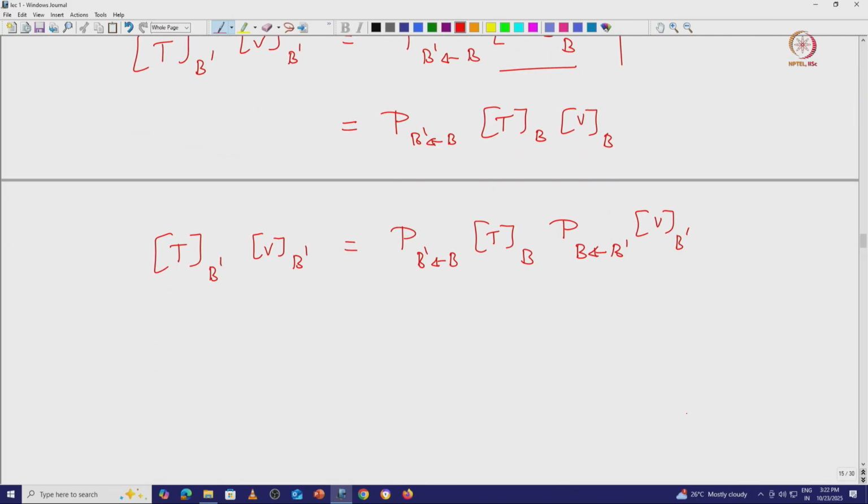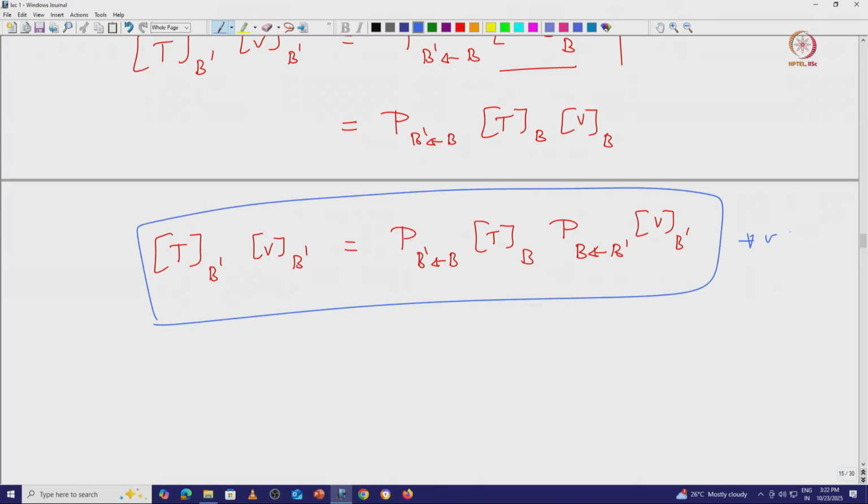And since this equation is true for all V in V, that would imply that these matrices are same. The matrix representation with respect to B dash is given by the multiplication of these three matrices.